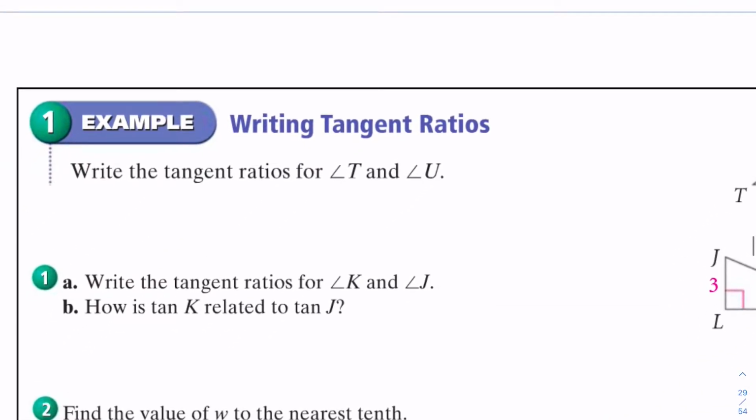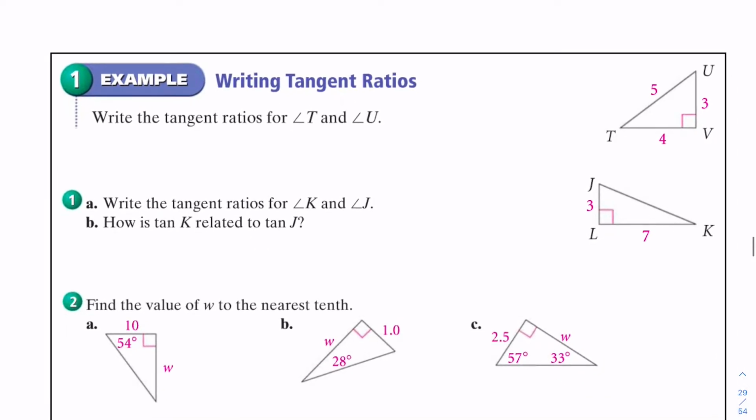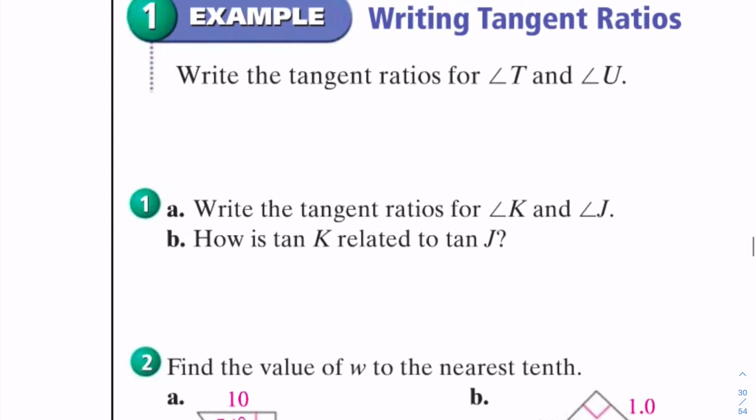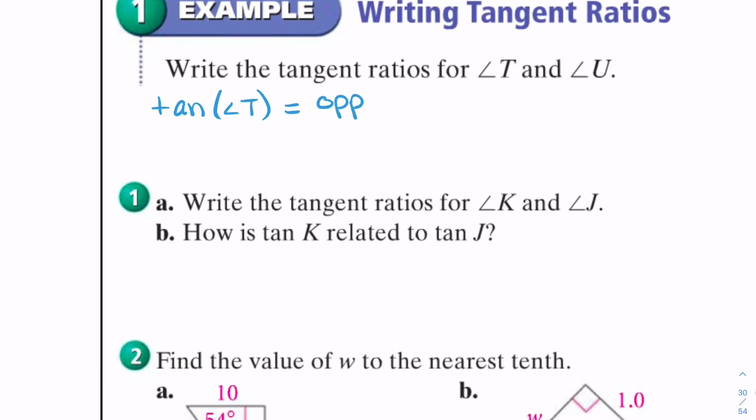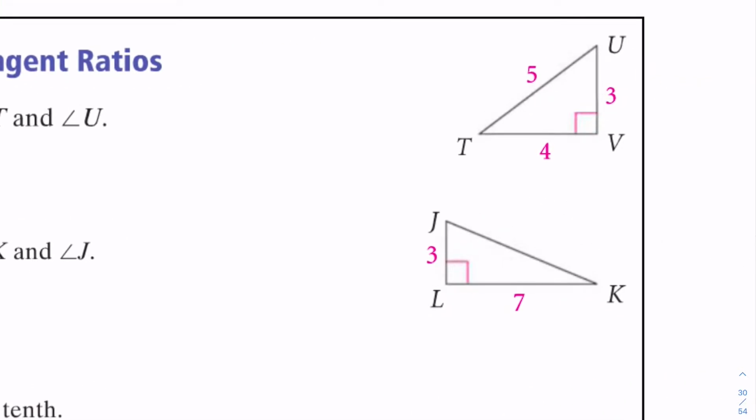All right, so write the tangent ratio for T and U. So here, the tangent of angle T equals the opposite over the adjacent. Let's find out for angle T what is what. Well, this is going to be the hypotenuse, always opposite the right angle. And then we have an opposite and adjacent side here.